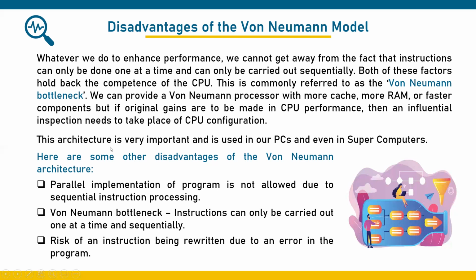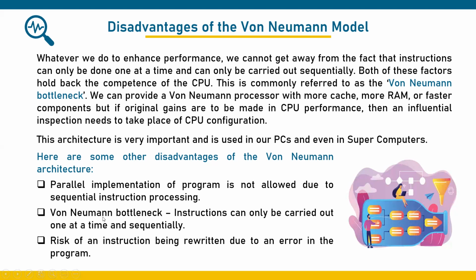This architecture is very important and is used in our PCs and even in supercomputers. Here are some other disadvantages of the von Neumann architecture. First one, parallel implementation of programs is not allowed due to sequential instruction processing.